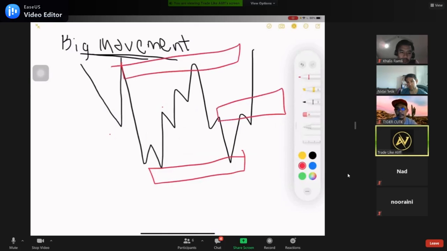Enough. Even though these are big movements, I only focus on 3 areas. So you guys might as well just focus on these areas only.